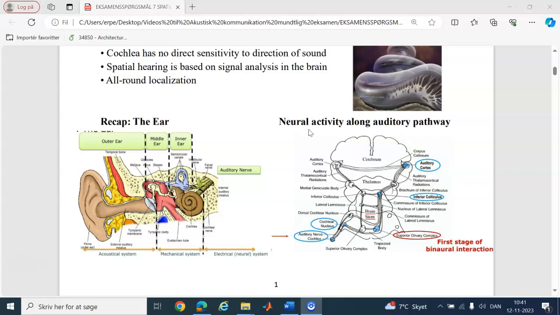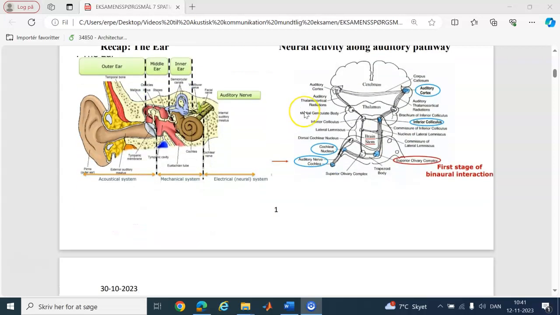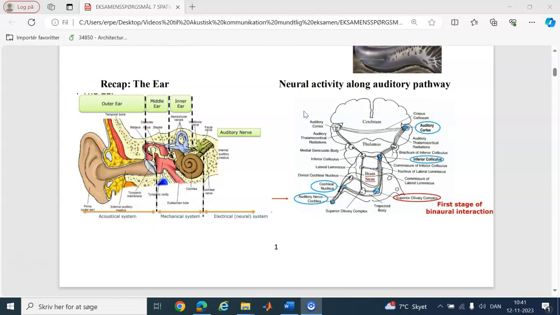The oscillations from the basilar membrane are transduced to electrical signals in the nerves and travel towards the brain. It's a bit complicated to explain the way from the auditory nerves from the cochlea up to the brain.